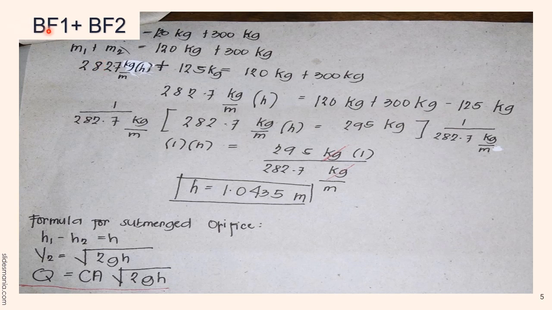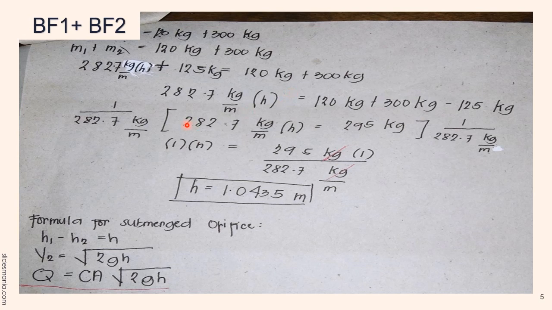Our formula would be buoyant force 1 plus buoyant force 2, which equals mass 1 plus mass 2, 120 kg plus 300 kg. Before that, we must plug in all the values given in the problem: 282.7 kg per meter times the height plus 125 kilograms is equal to 120 kilograms plus 300 kilograms.